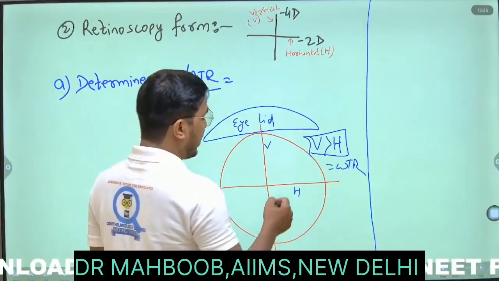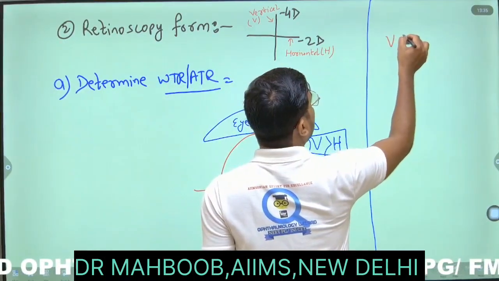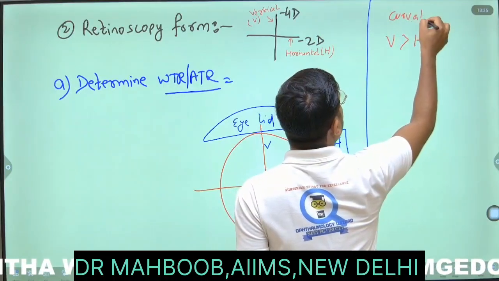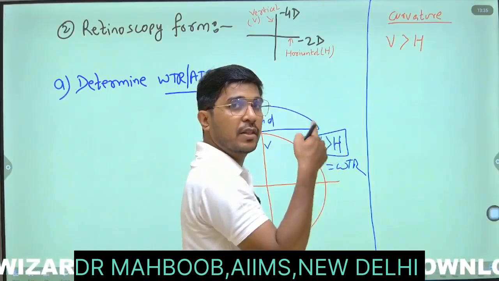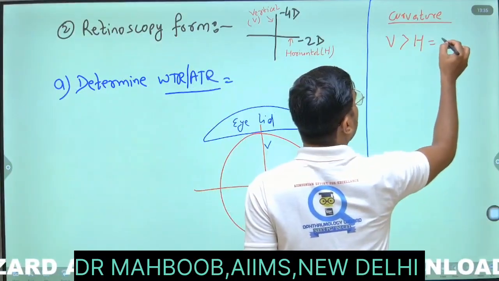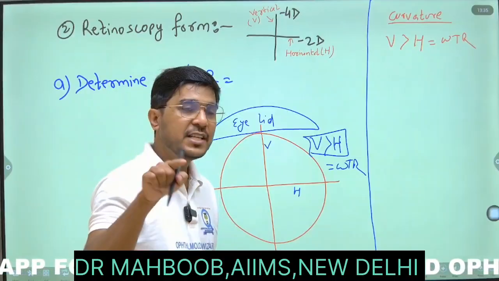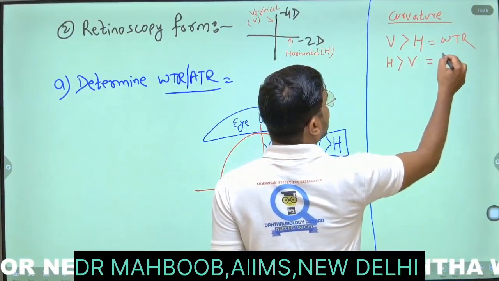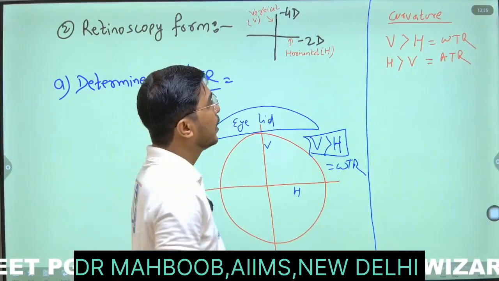That is why I can write here, if vertical meridian is more in the form of curvature than horizontal. Vice versa, if horizontal meridian is more curved than the vertical, it is against the rule, right or wrong? Got it?